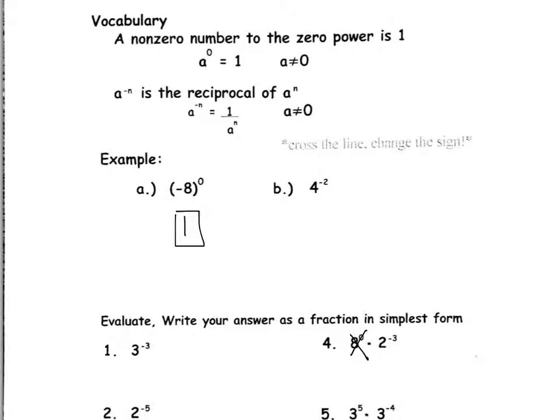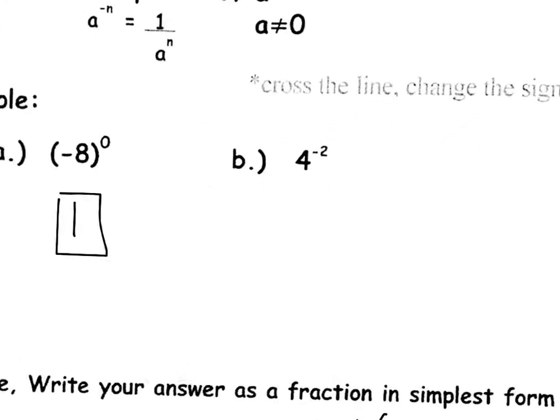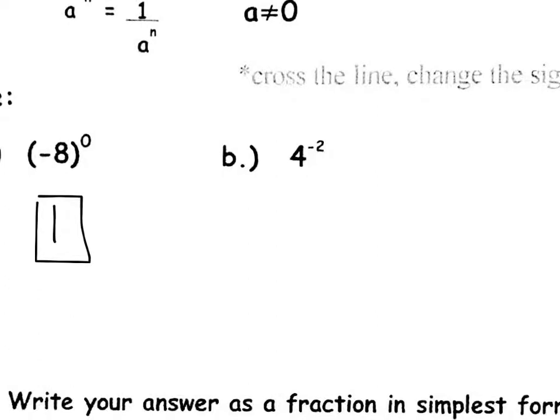Now, negative exponents, as we zoom in to B here, anytime you have a negative exponent, you need to move it to the other side of the fraction line. It's called making a reciprocal of it, but basically you're going to draw a fraction line and move it to the other side.